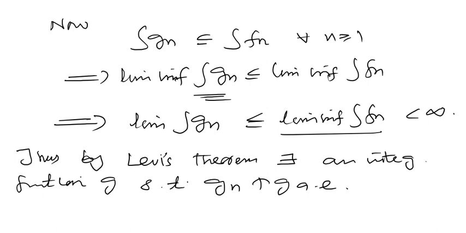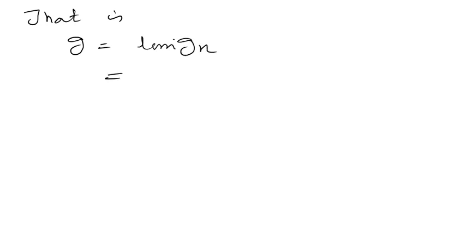So Gn increases to g almost everywhere. That means you can say g is equal to the limit of Gn. You can write it like this: g is equal to the limit of Gn, as n approaches infinity.